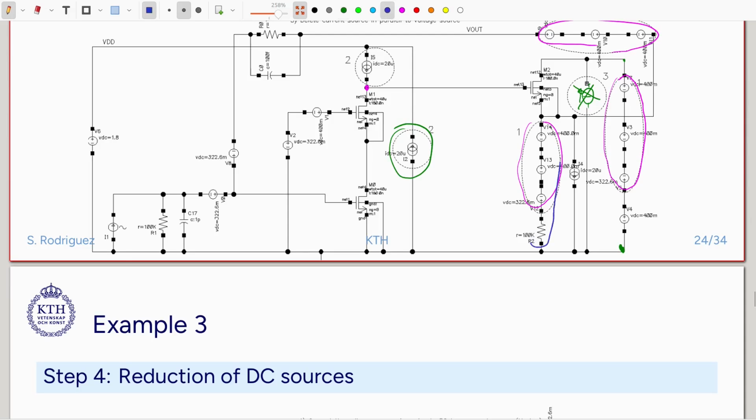I have a resistor in series with a voltage source, and generally speaking, making voltage sources is not easy. We should try to convert these to current sources, because then we can use current mirrors that are more simple to implement. So voltage drops and voltage sources are not very easy to implement. We can probably make these voltage drops like this.